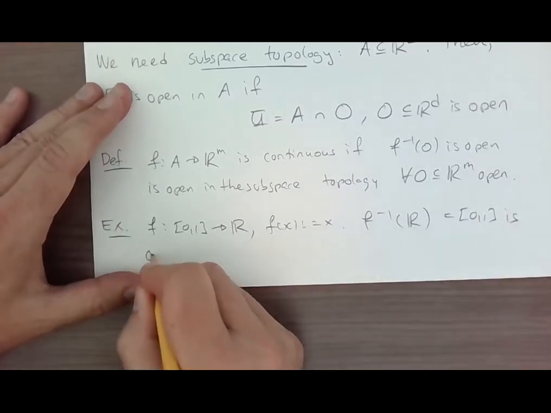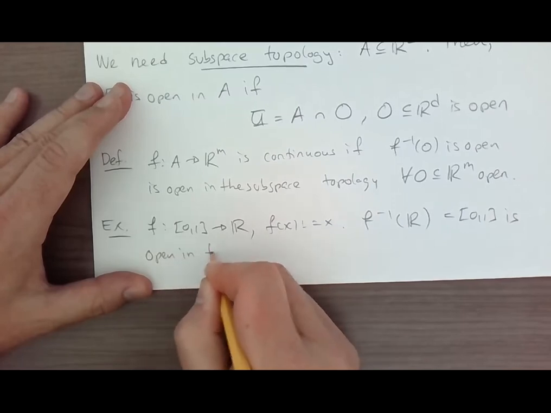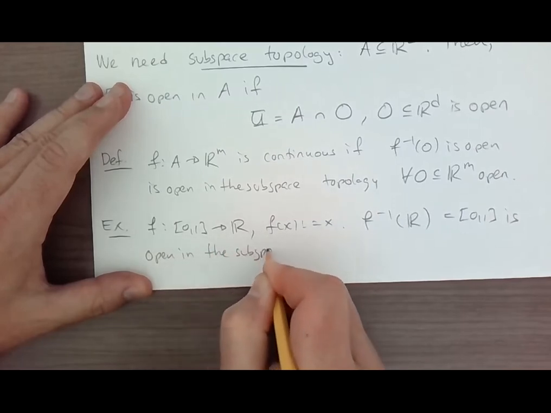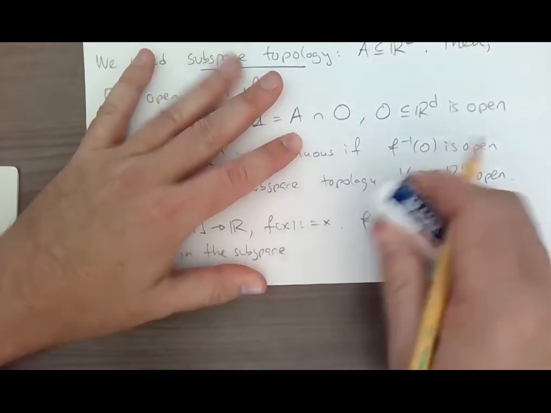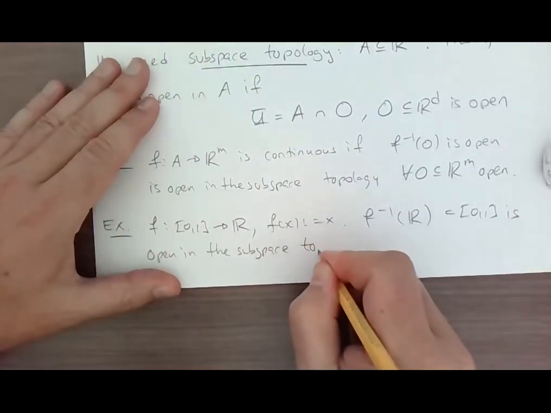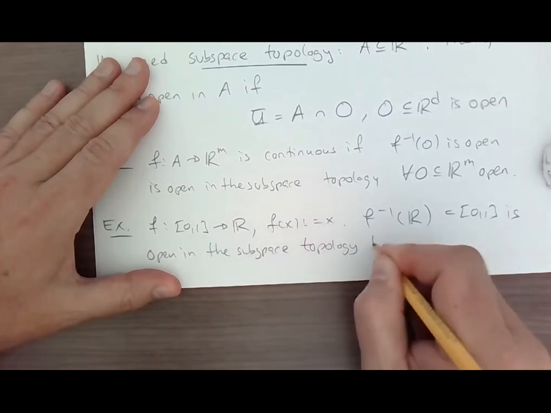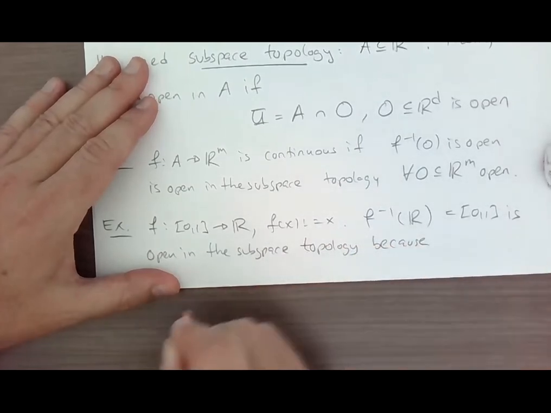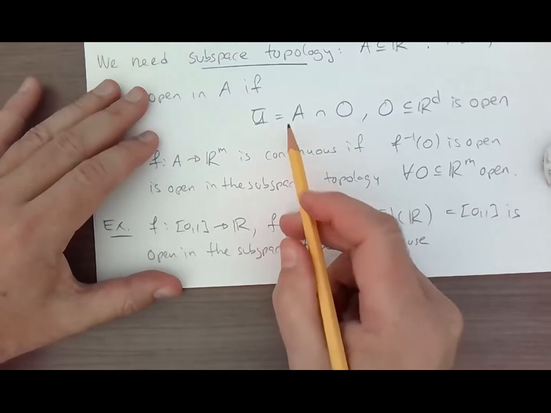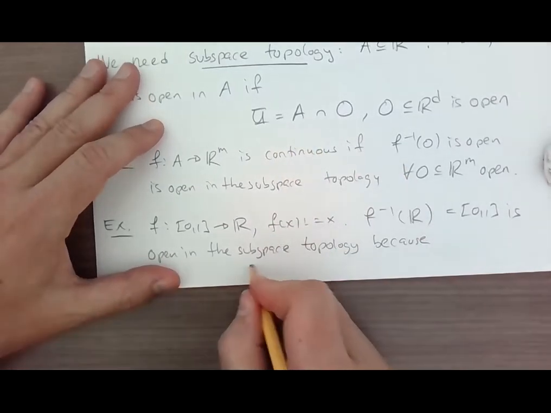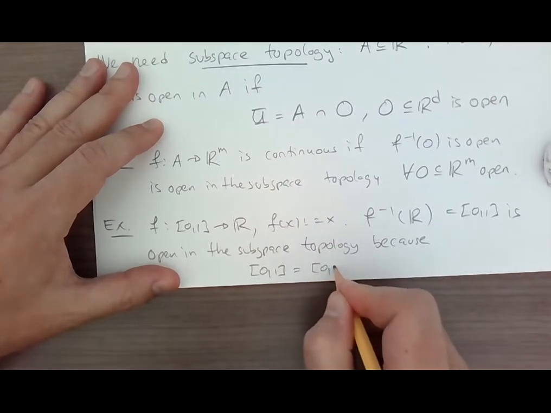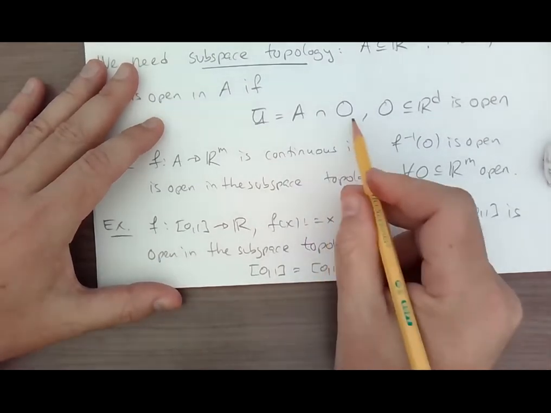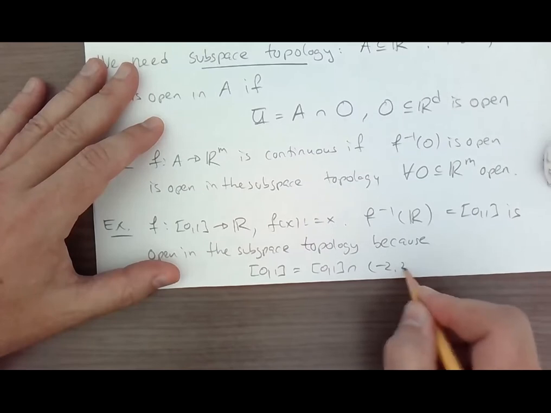This is open in the subspace topology. Because, well, it has to have this form. So 0 to 1 is indeed equal to 0 to 1 intersection with something open. So for example, -2 to 2.